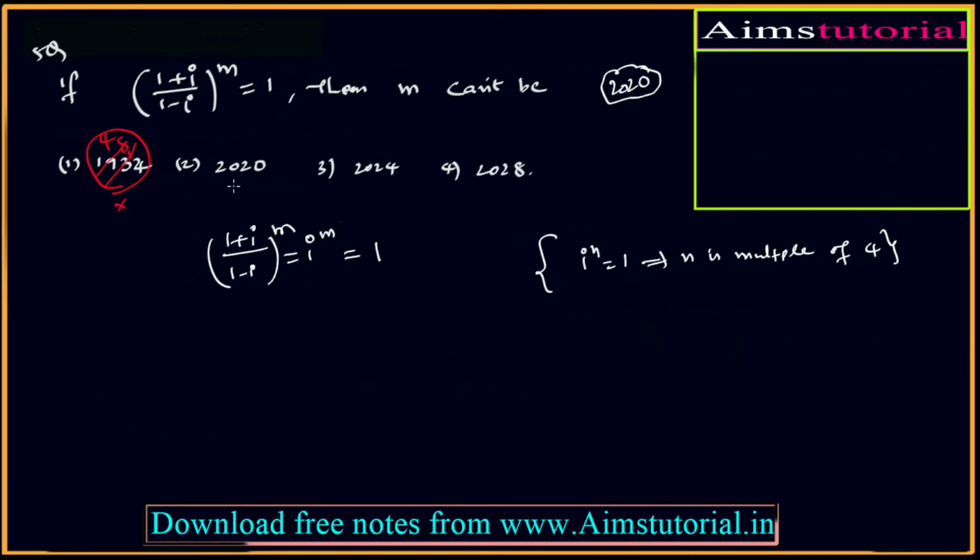Then 2020 is a multiple of 4, 2024 is also a multiple of 4, and 2028 is also a multiple of 4. So options 2, 3, 4 are all possible values of m, but the first option 1934 is not a possible value of m. So the answer is the first option.